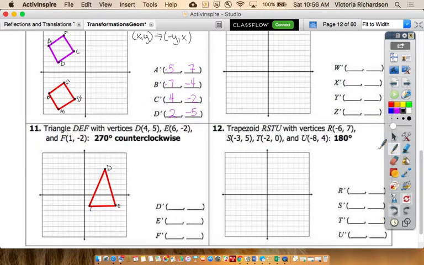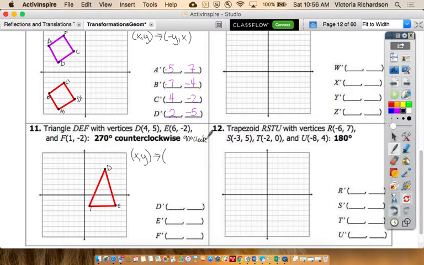So when I have a 270-degree counterclockwise rotation, what does my X and Y do? If you don't remember, because I know this is the first day, look at the board. 270 degrees counterclockwise is the same as 90 degrees clockwise.